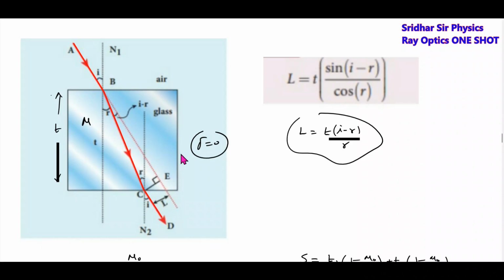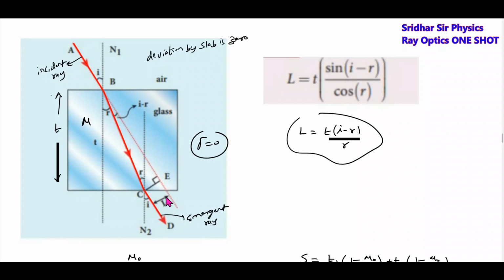There won't be deviation by the slab. The emergent ray will be parallel to the incident ray. This is the incident ray, and this is the emergent ray.